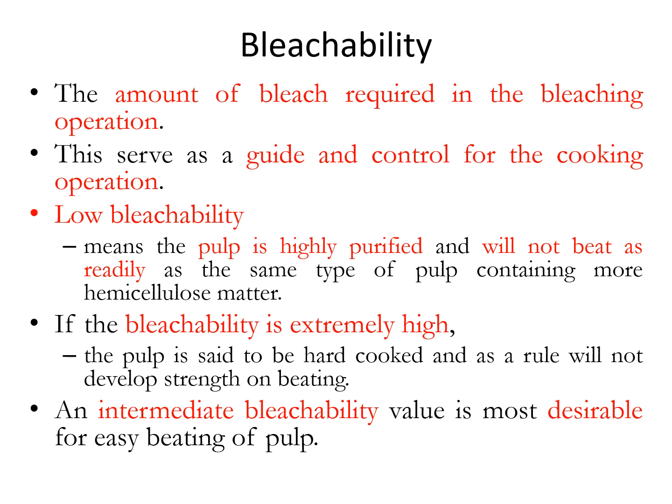Now if pulp bleachability is low, listen to it very carefully, that means the pulp is already highly purified and will not beat as readily as the same type of pulp containing more hemicellulose matter, as it is highly purified already.